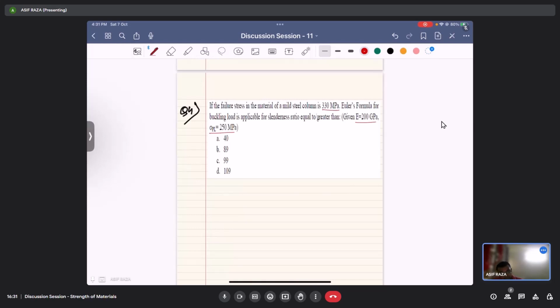So let us write. Failure stress is given to be 330 megapascal and stress at proportionality limit is given as 250 megapascal and Young's modulus is given as 200 gigapascal.